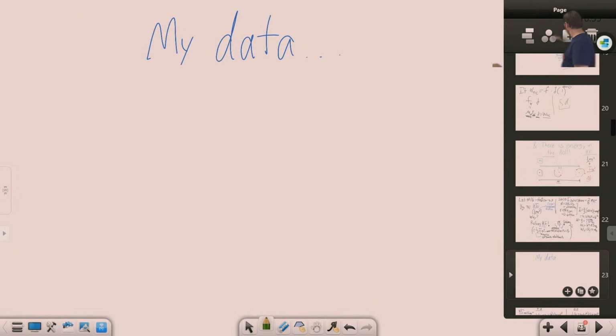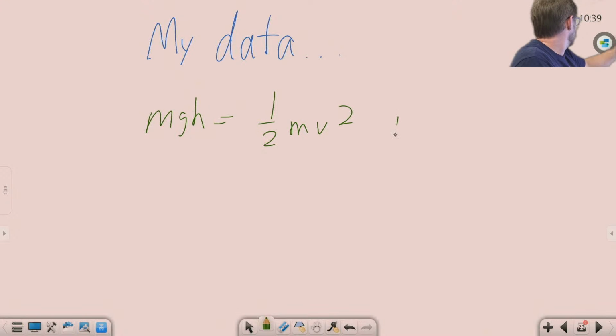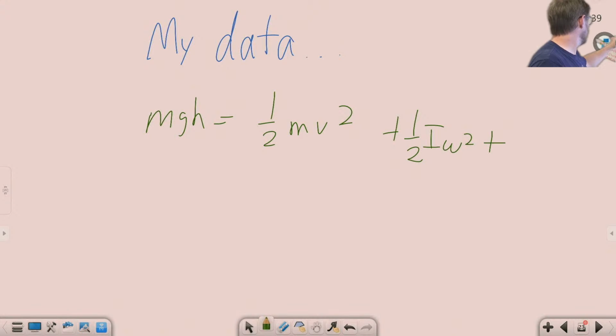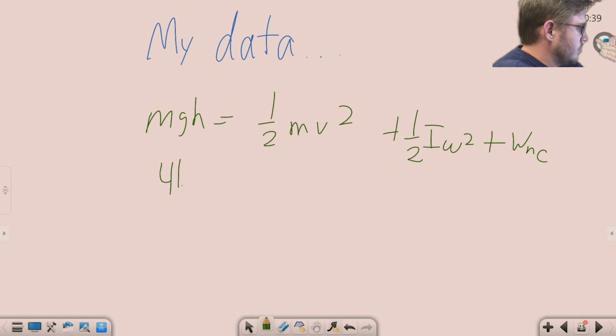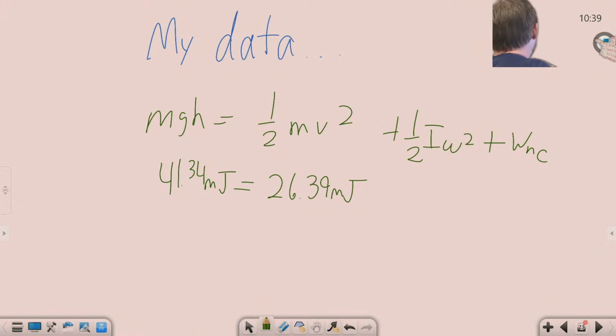My data, which I should have put up here, is saying that MGH equals 1/2 mv squared plus 1/2 I omega squared plus work non-conservative. I got 41.34 millijoules on the ramp with the larger ball, and then I calculated 26.39 millijoules of the kinetic energy if mechanical energy was conserved.